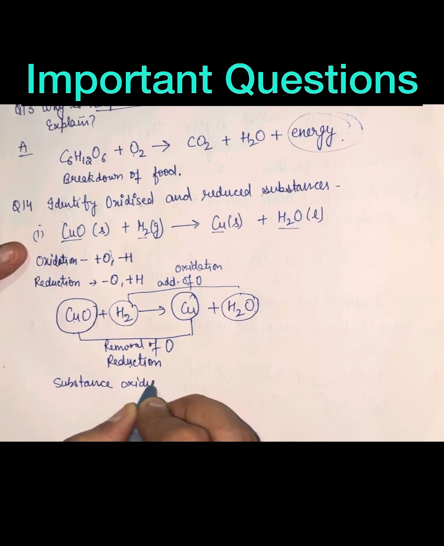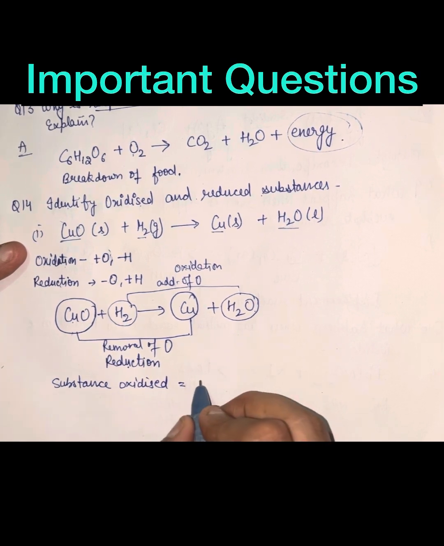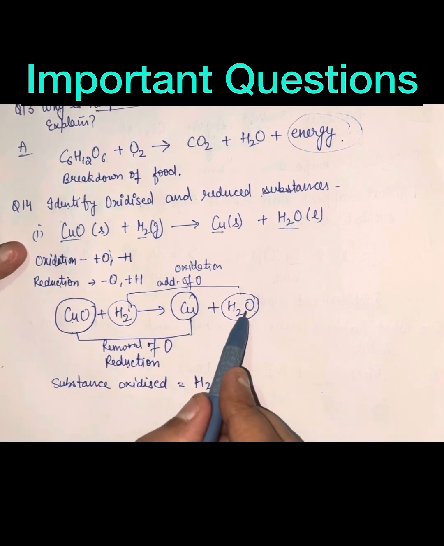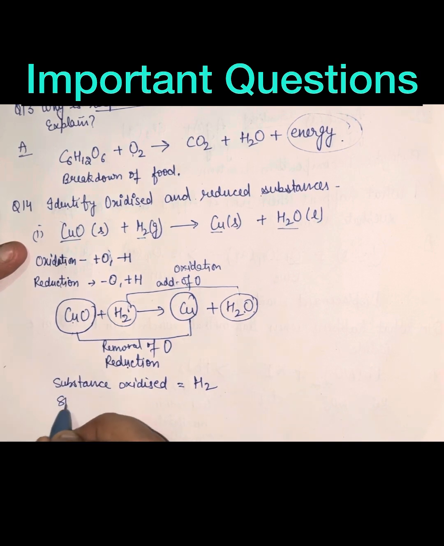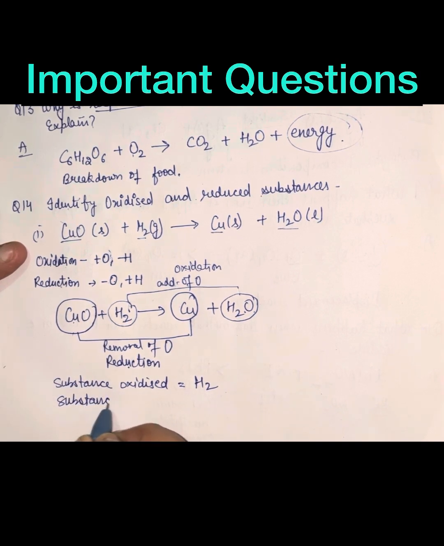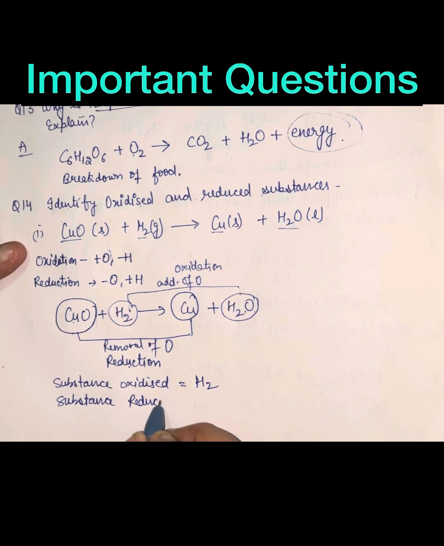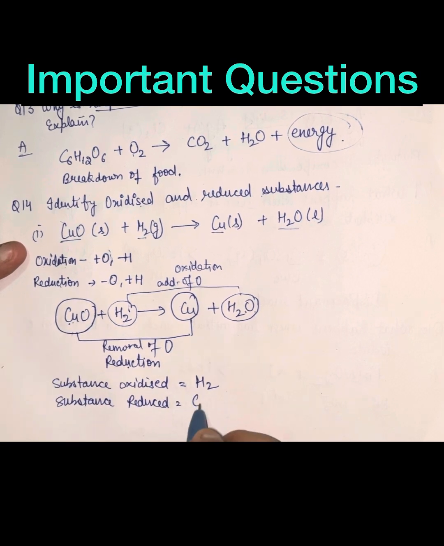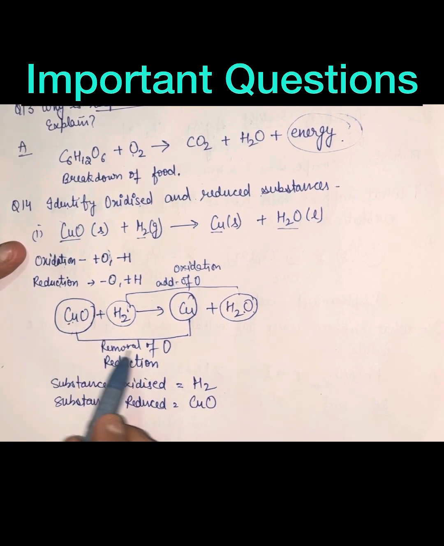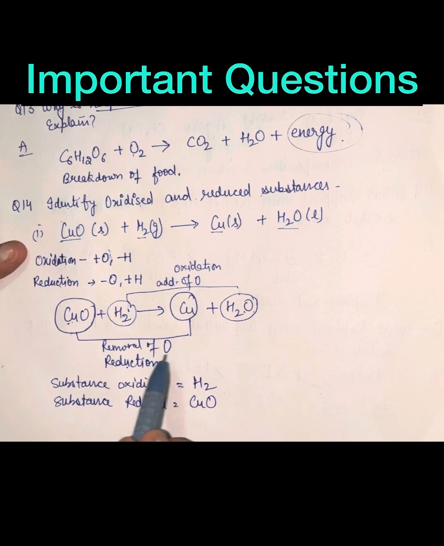Oxidized is hydrogen because it is gaining one oxygen, and substance reduced is copper oxide because it is losing oxygen.